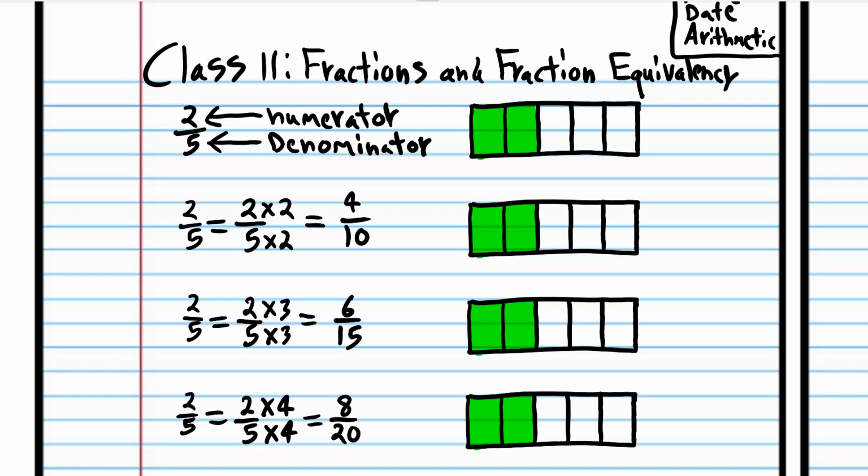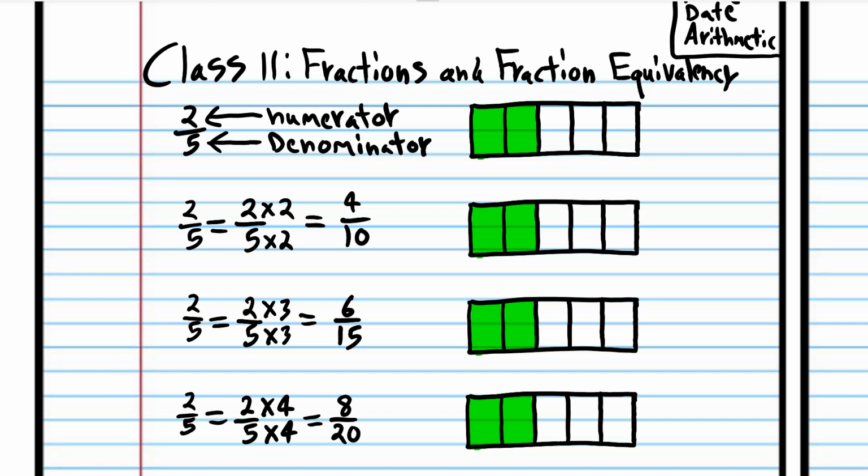Another use of the word denomination is to describe a type of church. You might say there are many different denominations of Protestant churches. That just means there are different versions of Protestantism. So that's what the word denominator means. It tells you what exactly you're counting.